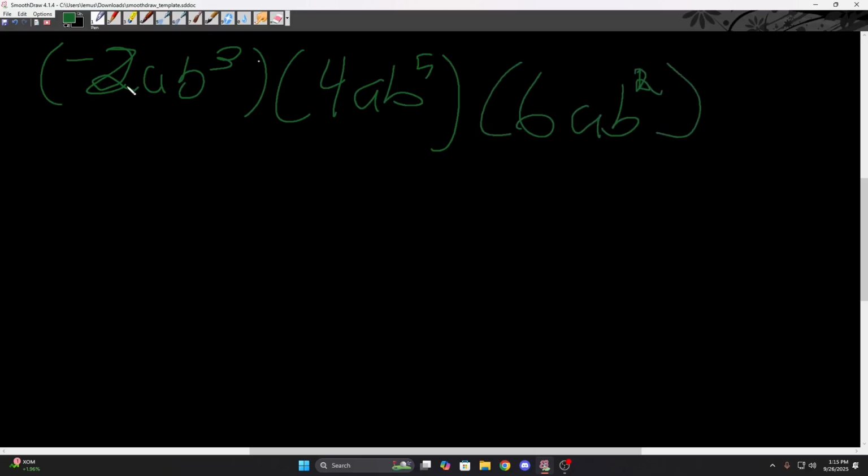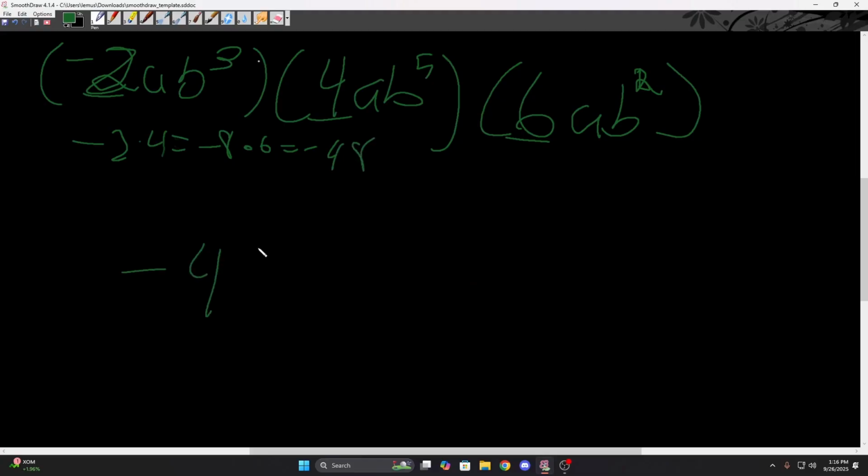Okay, so here, what you want to do is remember the exponent. I'll say that later, but for now, you just multiply the coefficients together. So -2 times 4 equals 6. Wait, no, I'm bugging. -2 times 4 equals -8, and then -8 times 6 equals -48.